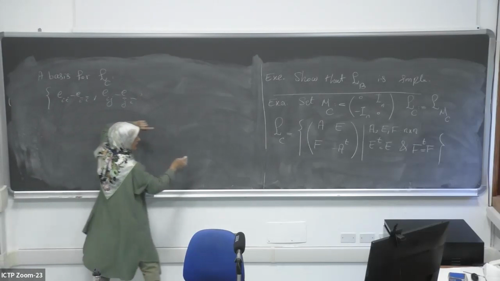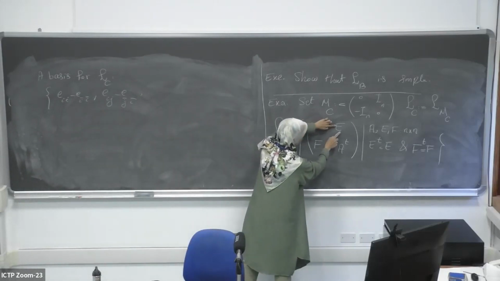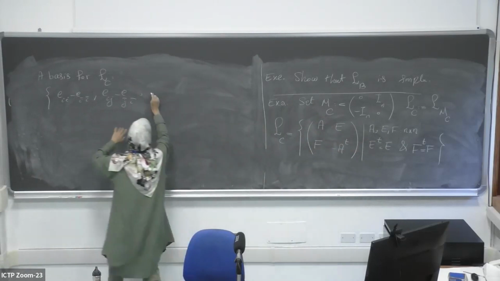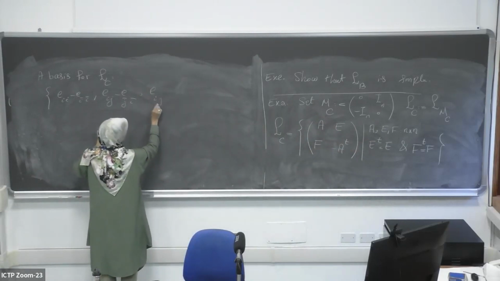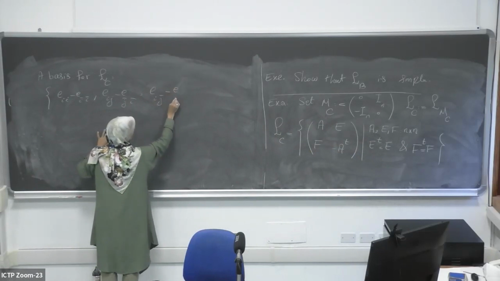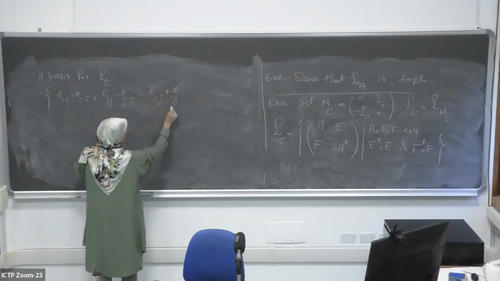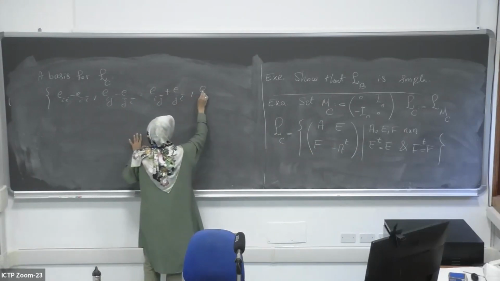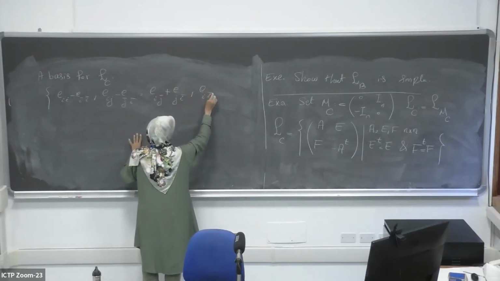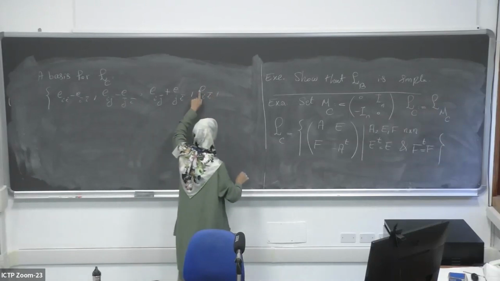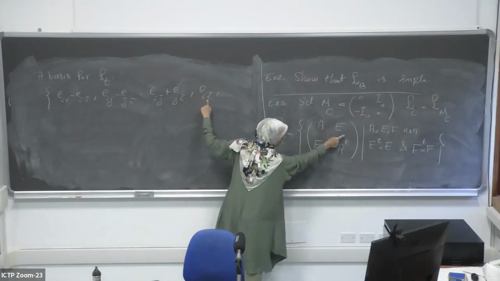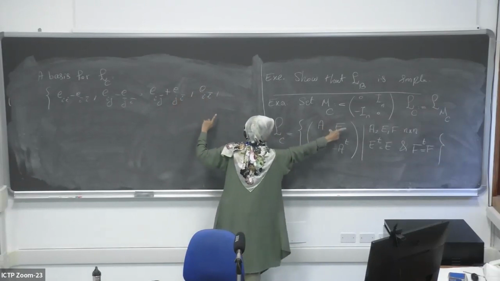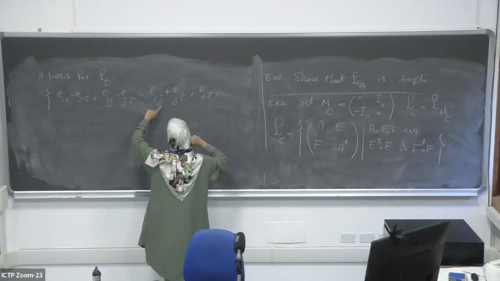It is related to L, and for E, transpose is E. So we have E_i j̄ plus E_j ī. We also have E_i ī. E_i ī are diagonal elements, and E_i j̄ plus E_j ī is a non-diagonal element.